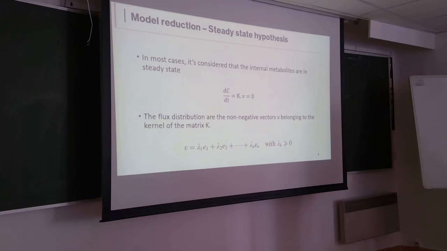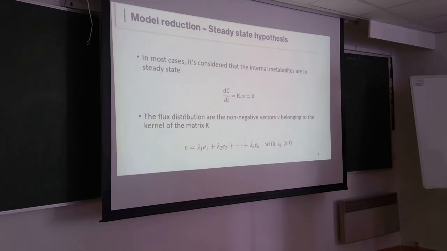So in general, to reduce the metabolic models, we make the assumption that the internal metabolites are in a steady state. So the derivative of the intracellular metabolites is 0, and we have this equation: K times V equals 0.